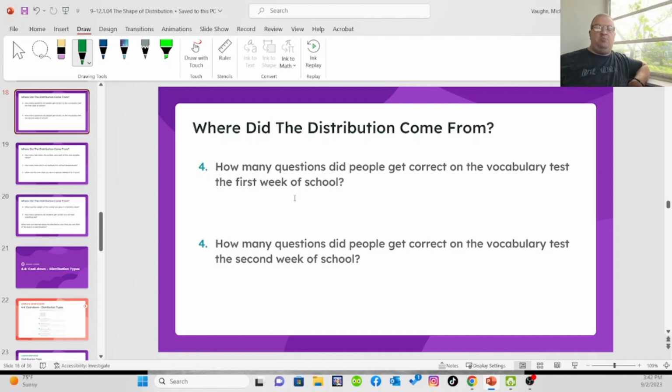Which matching pair do you think represents this question? Question 5. How many questions did people get correct on the vocabulary test the second week of school? Which matching pair do you think represents this question?